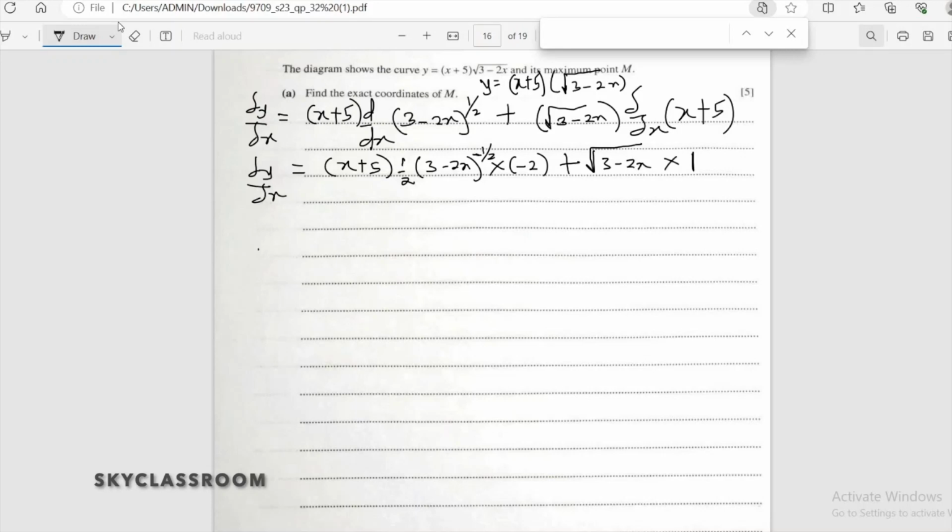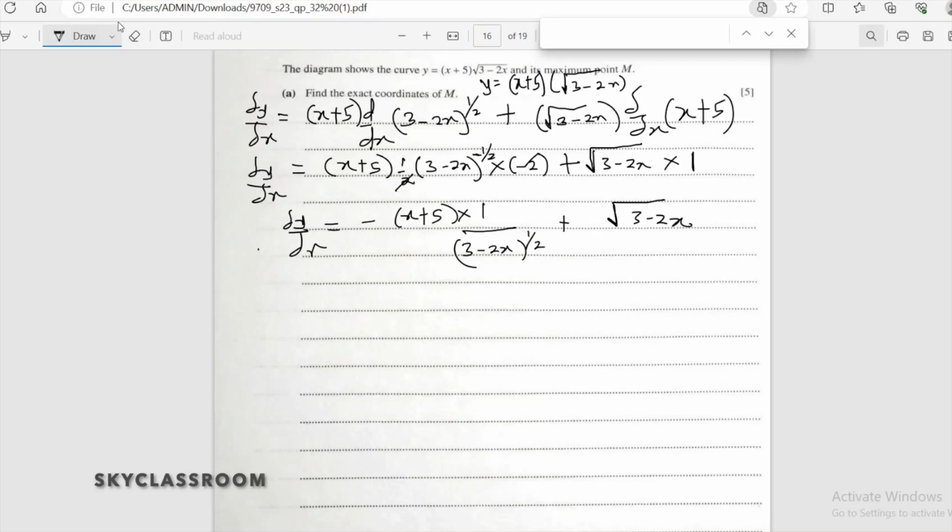At the end of the day, the value of dy dx is equal to, these 2 can cancel this 2. So we left with minus x plus 5 multiplied by 1 over 3 minus 2x raised to power half plus this is square root of 3 minus 2x times 1.